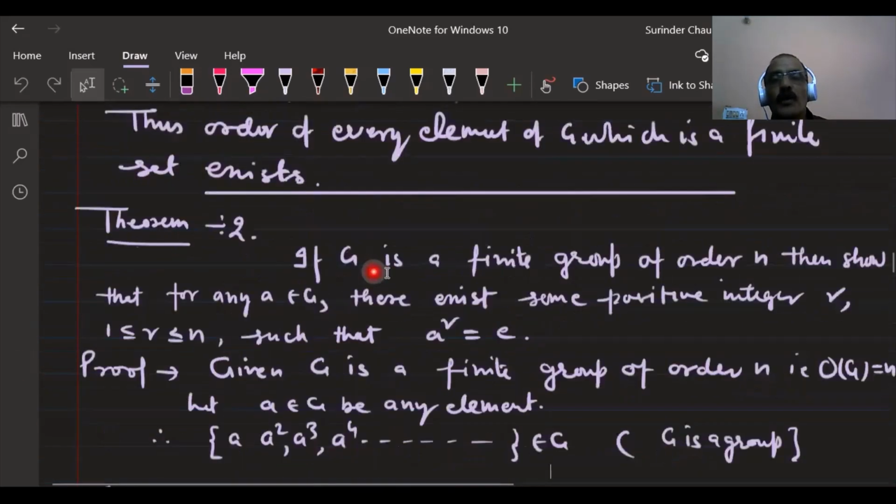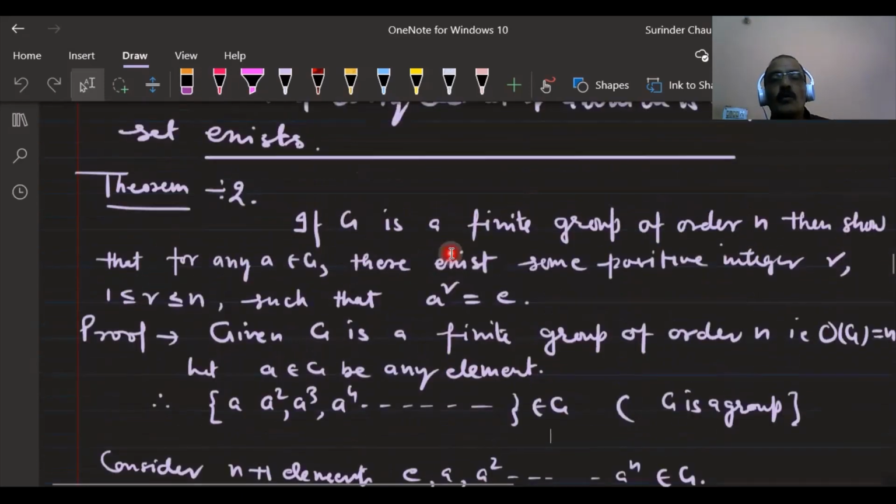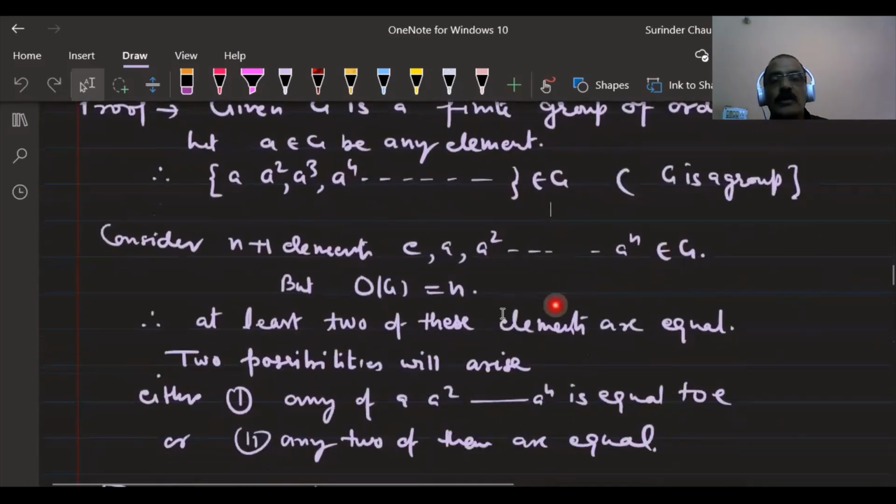The order of G is n, so G has n elements, so let us consider one more element: G contains E, A, A squared, up to A^n, so n plus 1 elements. But the order of G is n, so at least two of these elements are equal.